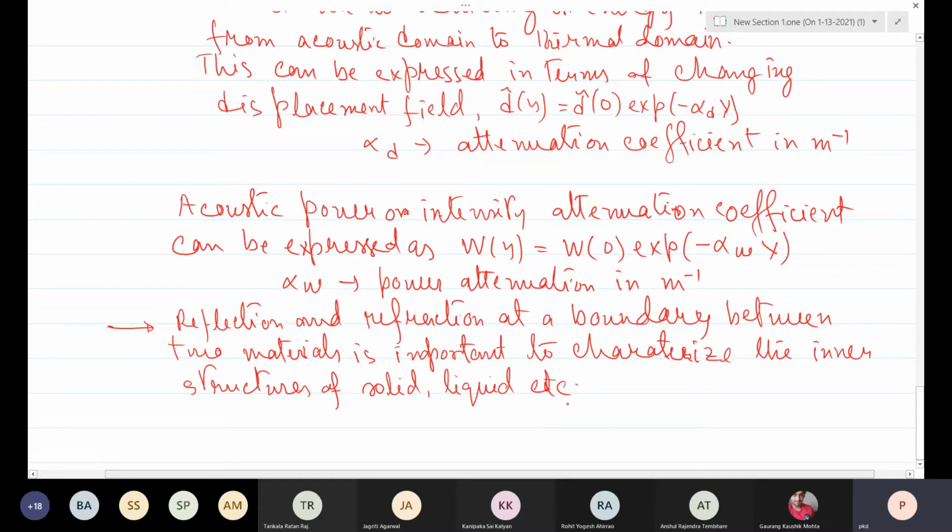This also can be used to measure the thickness of the various materials.